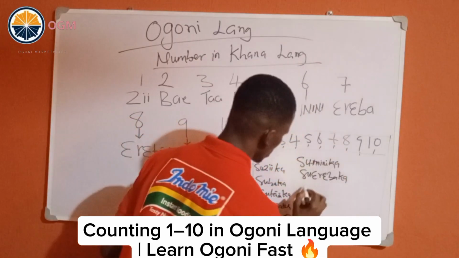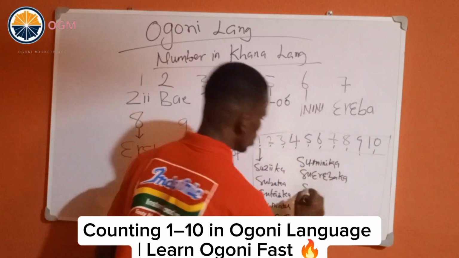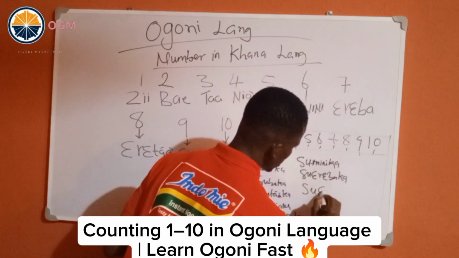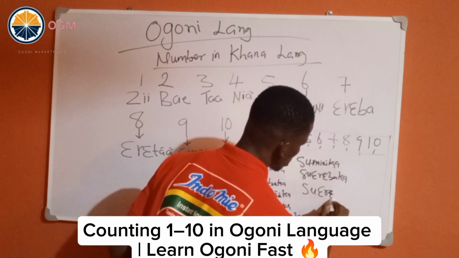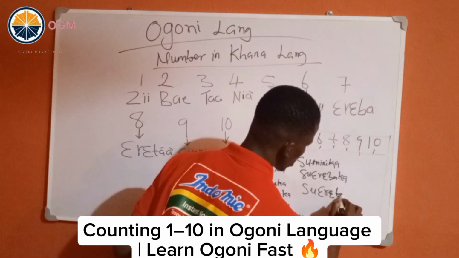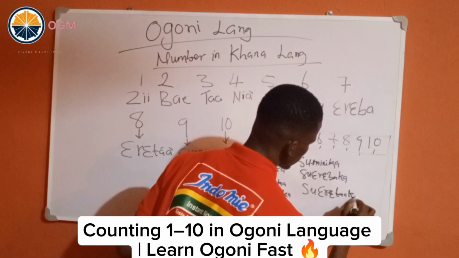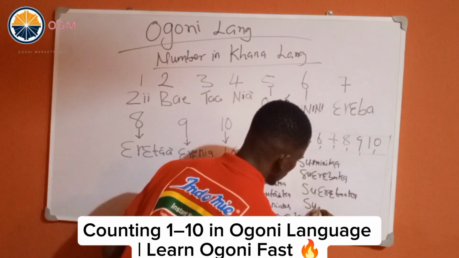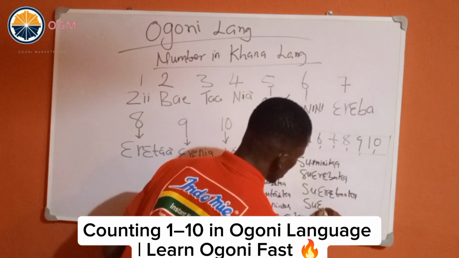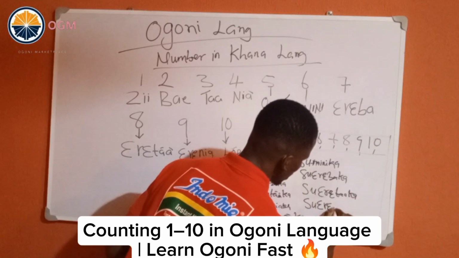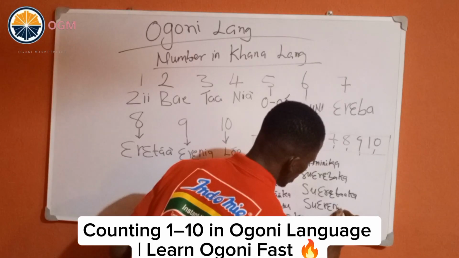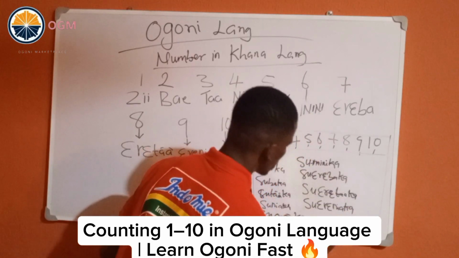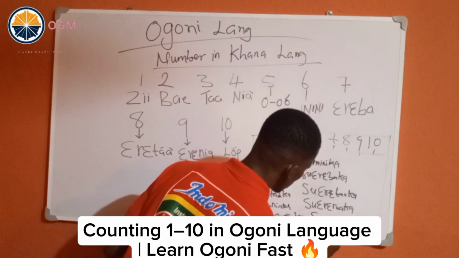If it is 8, it is the same thing, su eretaka. If it is 9, su ereniaka. If it is 10, suluka.